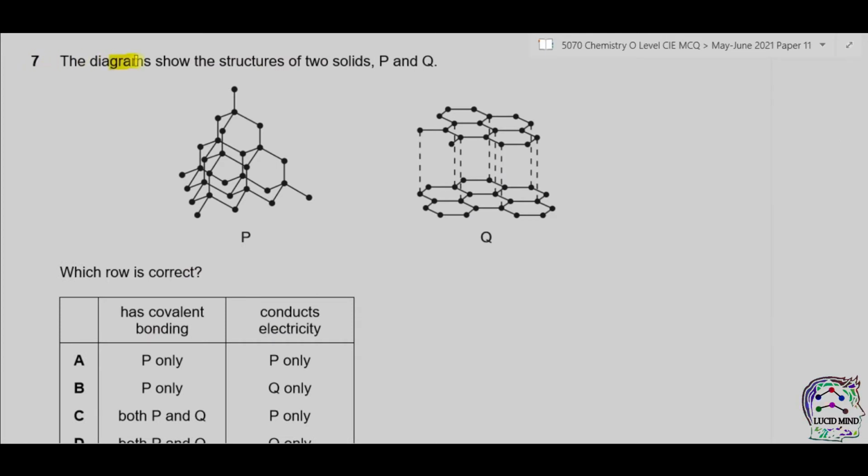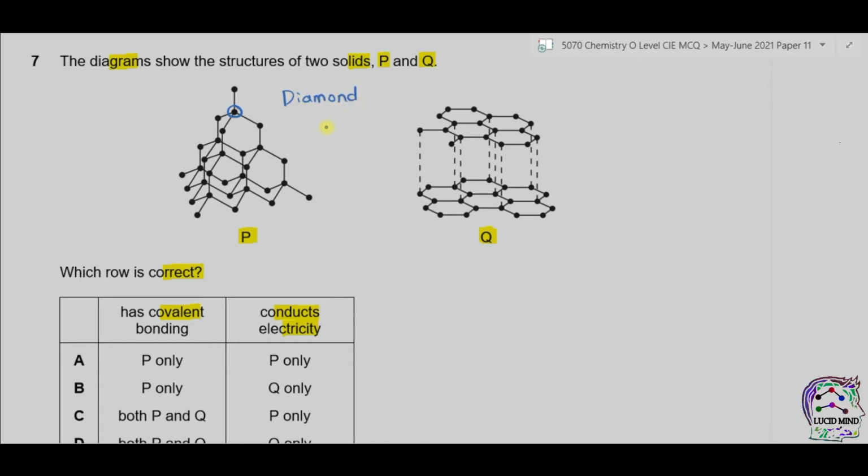Question 7. The diagrams show the structures of two solids. We have solid P and solid Q. This one is the structure of P and this is the structure of Q. Which row is correct? First we have to find whether the bonding is covalent, and second thing is the conduction of current. In P we can see that each atom is making 4 bonds with other 4 atoms, so it could be the structure of diamond.